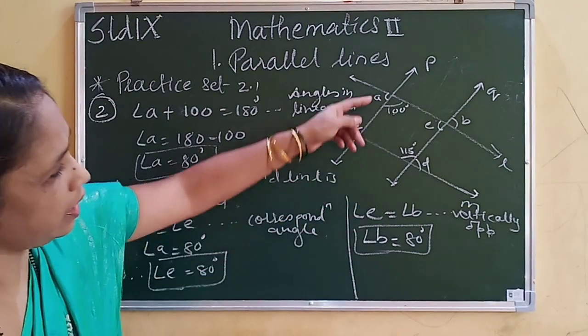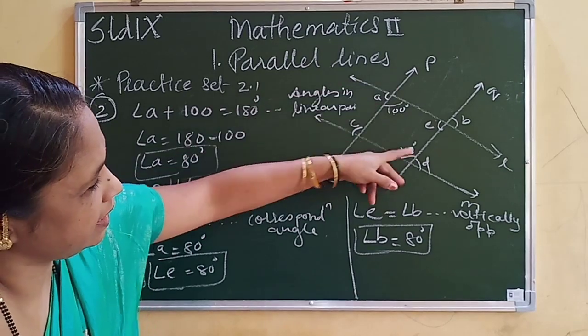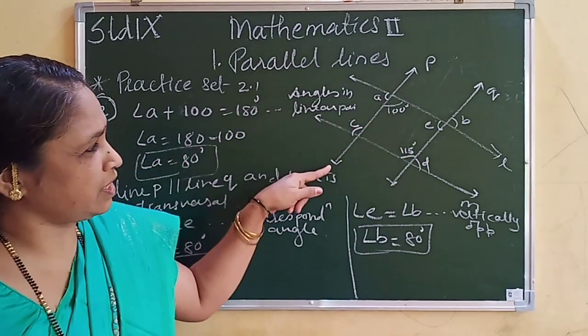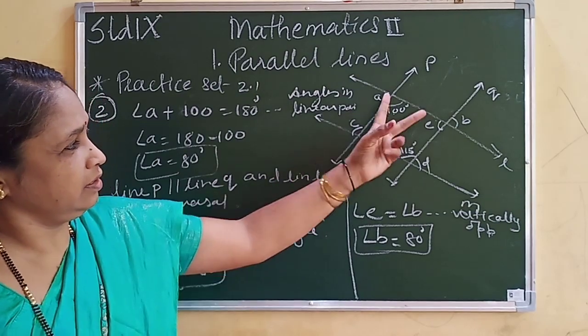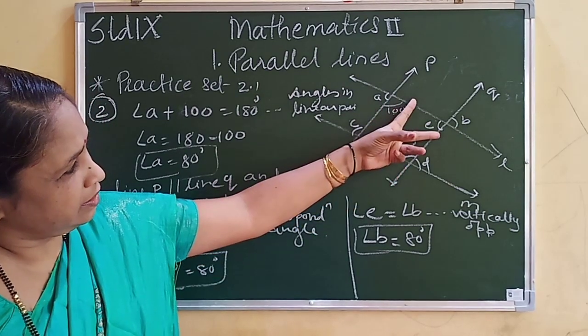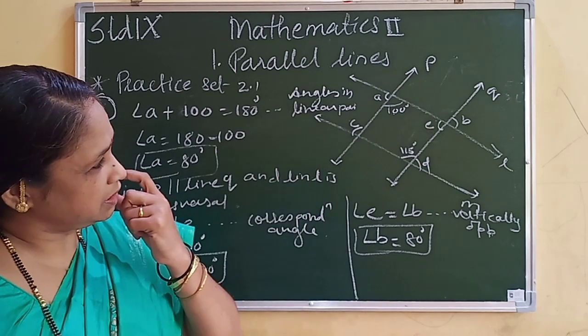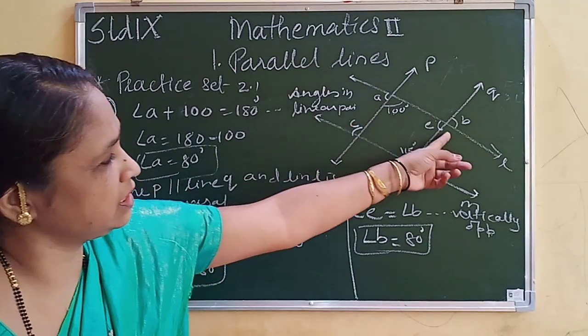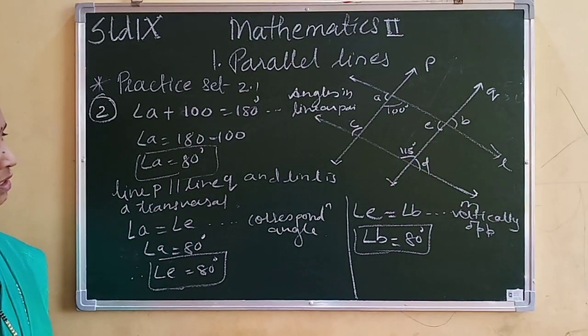Now these two are the parallel lines and this is the transversal. This transversal we have to consider. See, these two lines P and Q we have considered as parallel lines and this we have considered as a transversal.